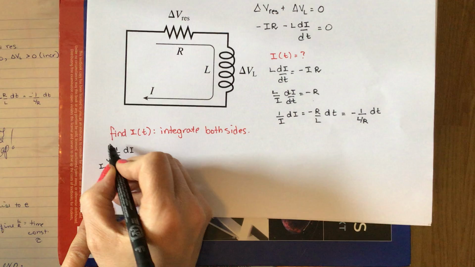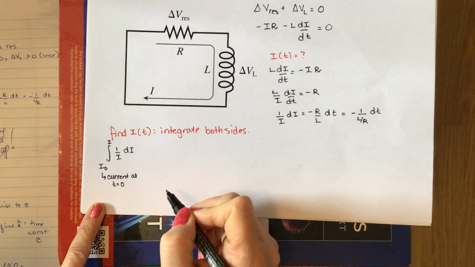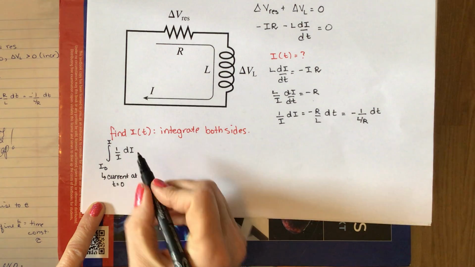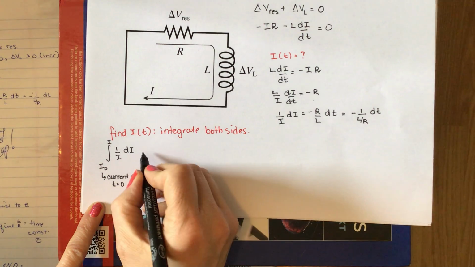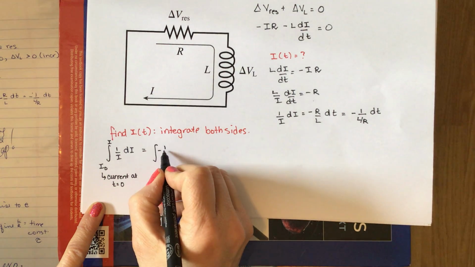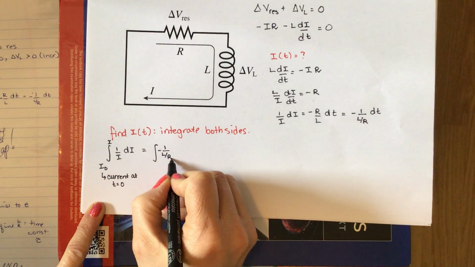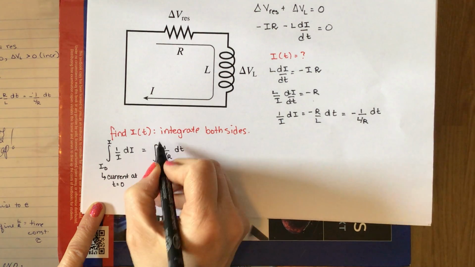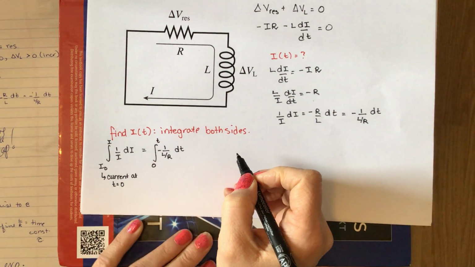And we're going to integrate until it's some general value of I, which is a current at some value of time t. So the integral of 1 over I dI equals the integral of minus 1 over L over R dt. Our time is going to integrate from t equals 0 to some general time t.